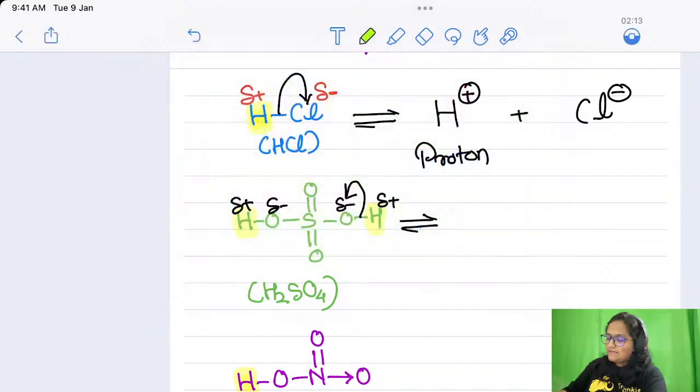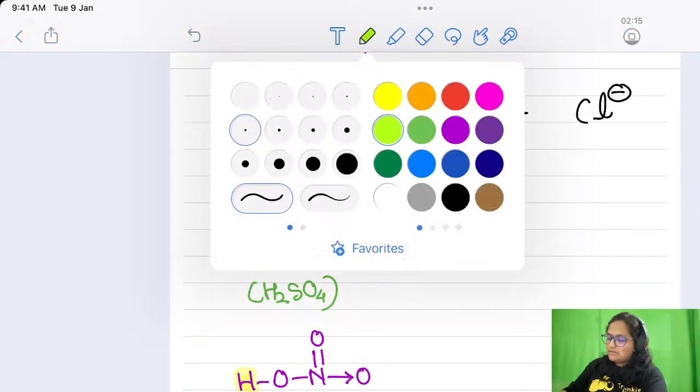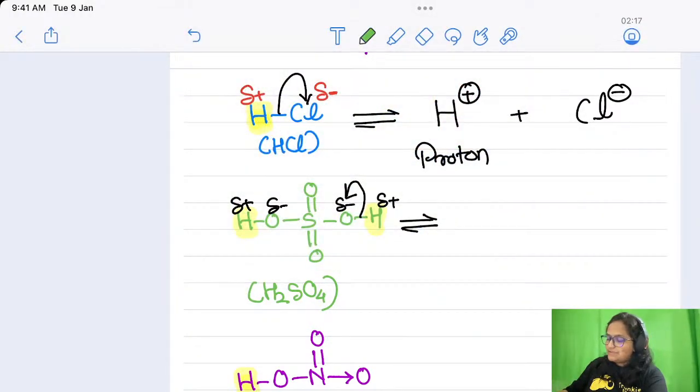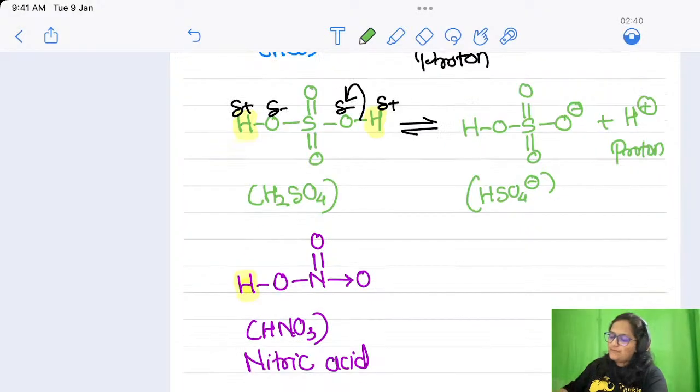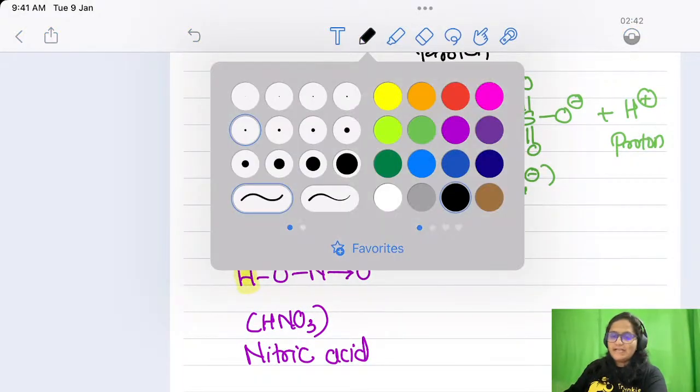After this we get the ion HO, S double bond O, double bond O, and O minus, plus H plus, right? H plus is nothing but a proton again, okay? And HSO4 minus is called the hydrogen sulfate ion. No need to focus on hydrogen sulfate, our focus should be on H plus.